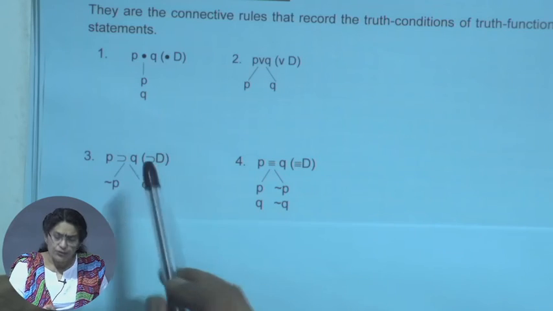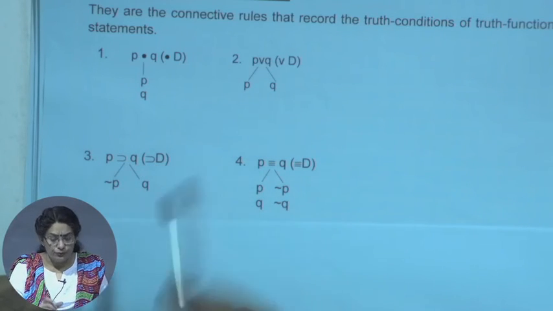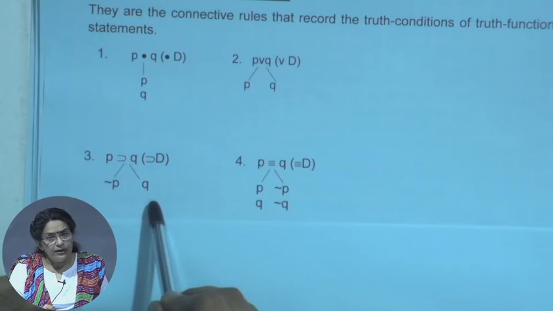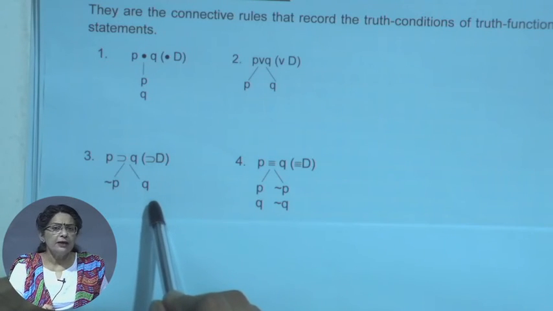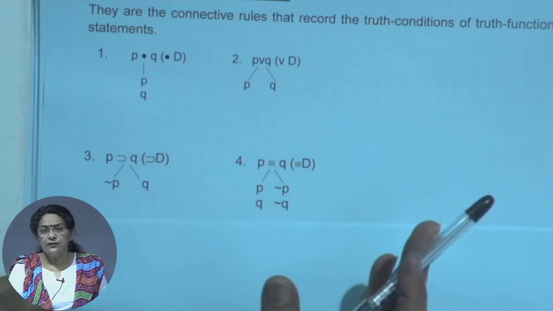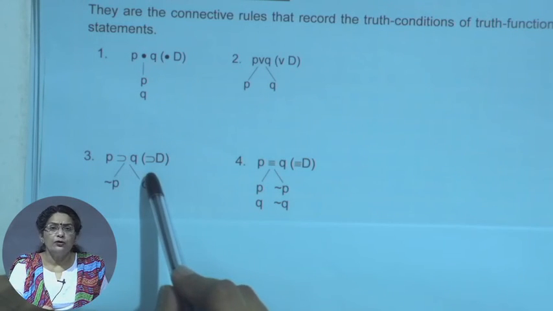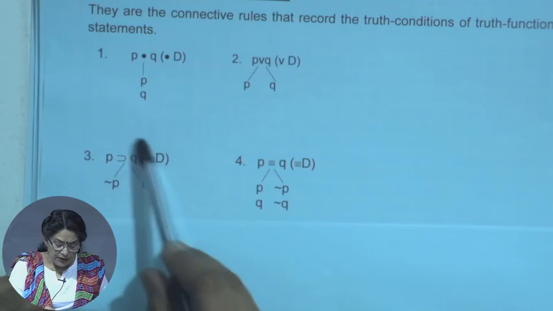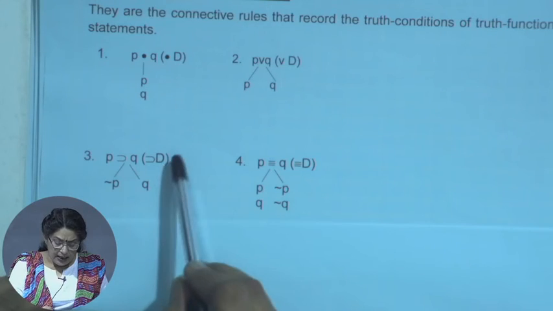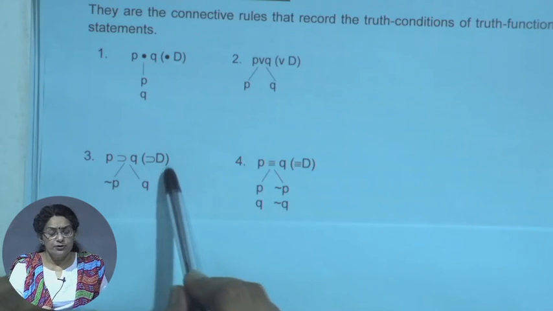Remember, it is also true when P and Q are both true, but specifically, whenever Q is true, it does not matter what the antecedent value is. Whenever P is false, it does not matter what value the consequent has, you are going to have the horseshoe as true. So, this captures the horseshoe truth conditions, and therefore it is called the horseshoe decomposition rule.